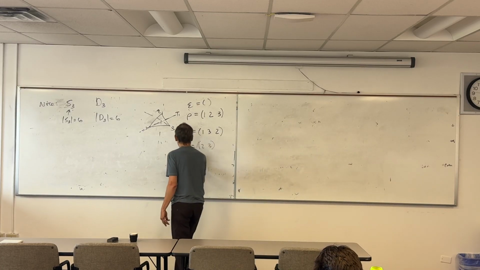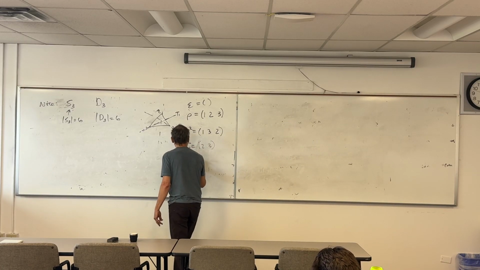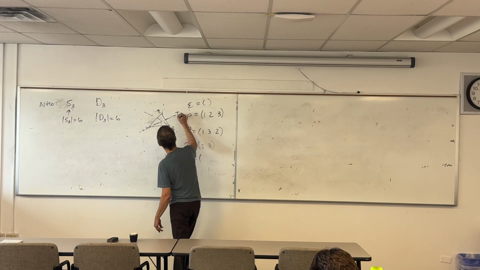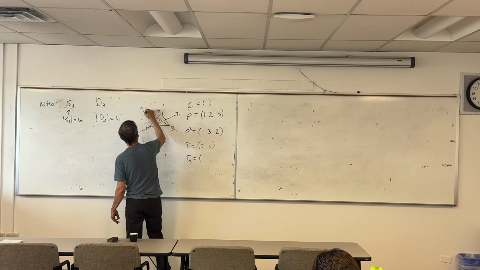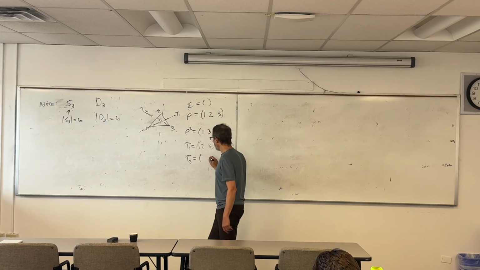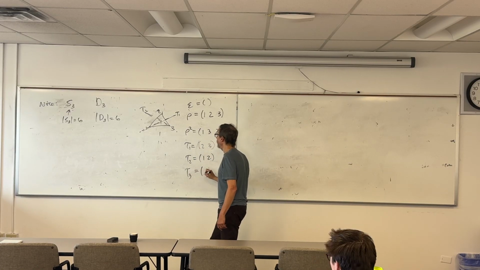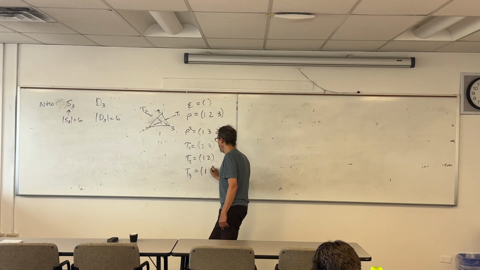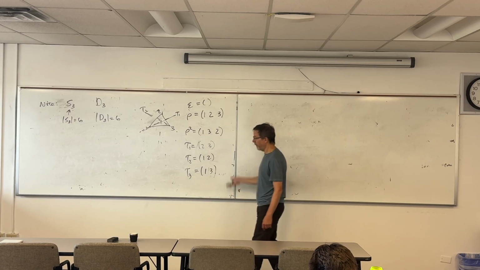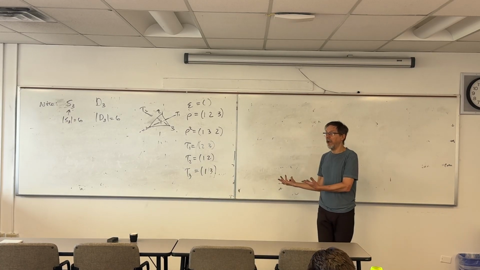Let's call this tau 2. What does tau 2 do? It just flips 1, 2. And then tau 3 is the other one: 1, 3. Cool. So we got our 6 elements, and we can view them as permutations.